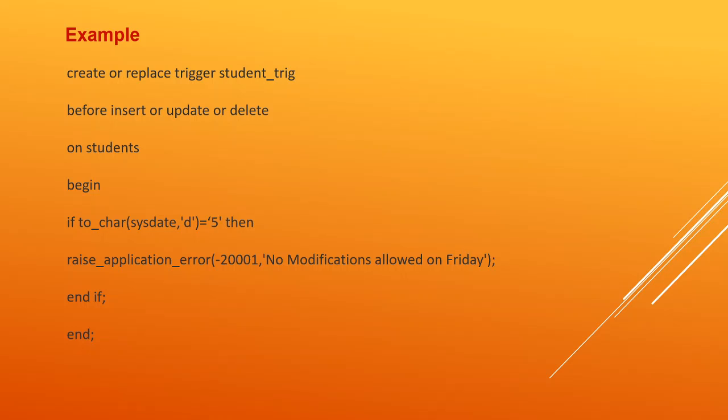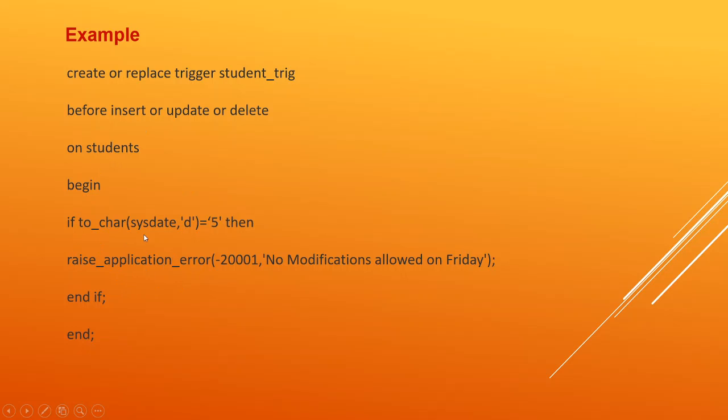So what I do is I create a trigger. When should it be fired? What is the event that's going to fire it? It can be insert, update, or delete. So before actual insertions or deletions, we want to stop DML operations from happening on the students table. So for that I write a trigger.